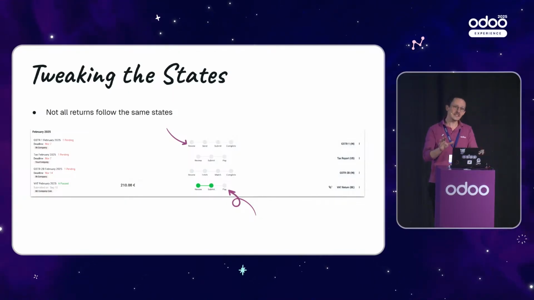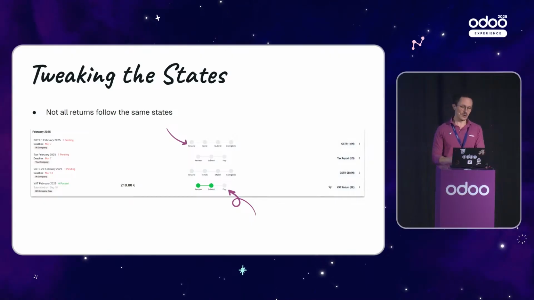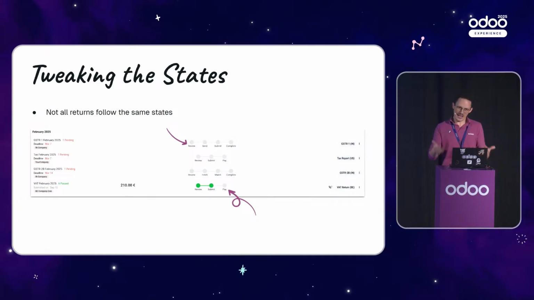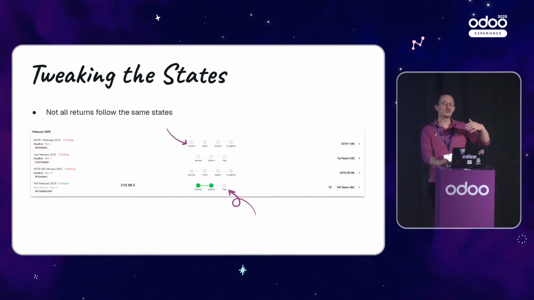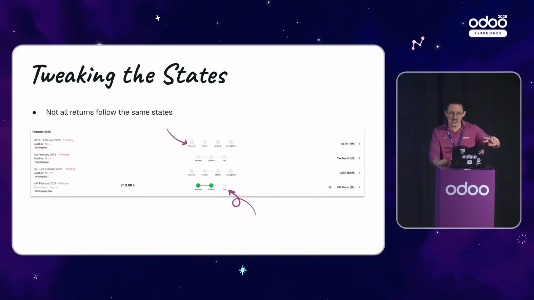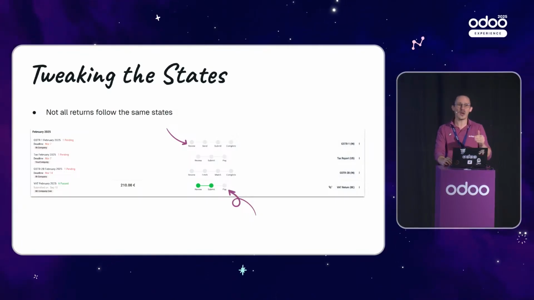Well, for cases like that, it is possible to tweak the states of the returns. You have a bunch of examples here, 2 of them in India, where we have a flow like that, where they need to connect to a web service to submit the report or even fetch information from the government that they need to inject in their accounting before reporting. So it is possible to have a different flow of states per return type. We do support that.